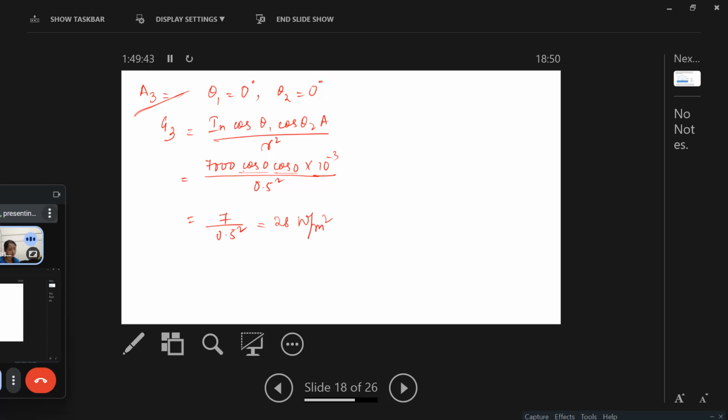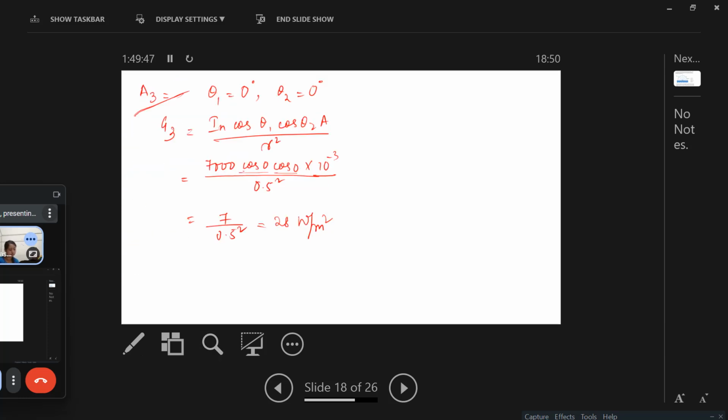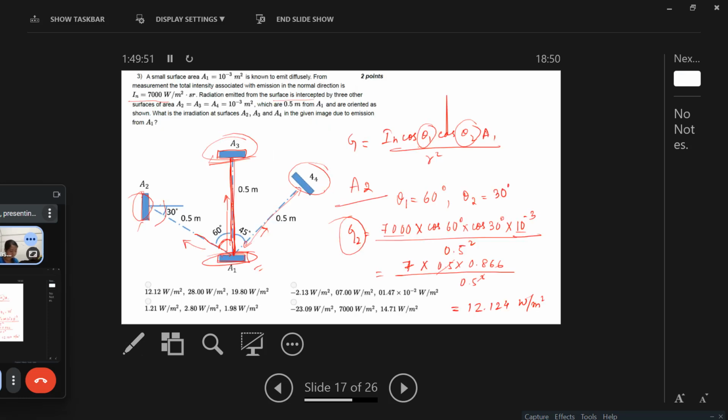For A4, if we calculate, theta 1 is 45. And if we draw the normal to this, it will also be 45.